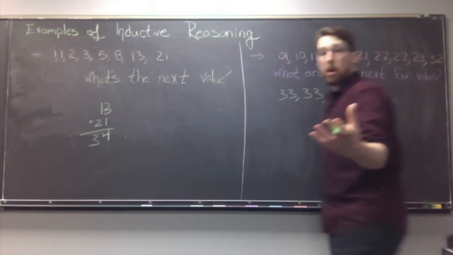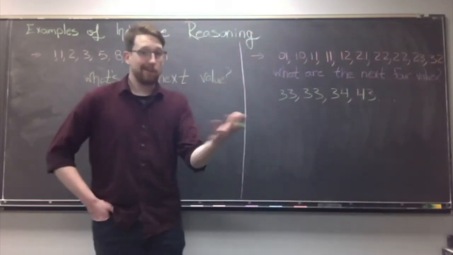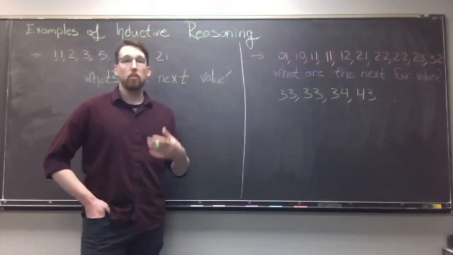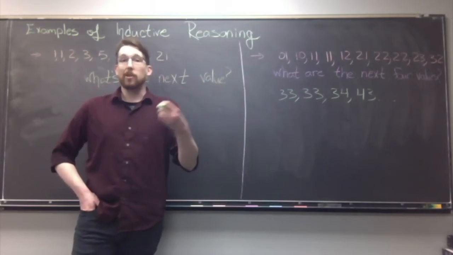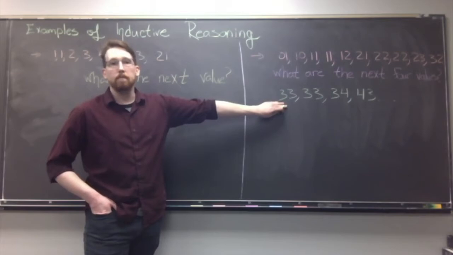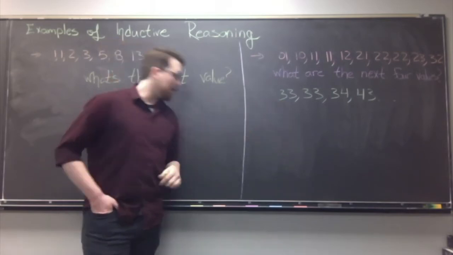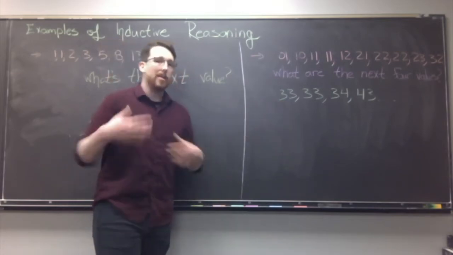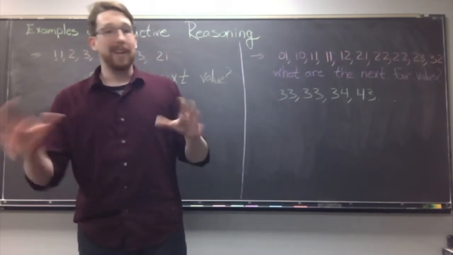So this is one reasonable inductive assumption, one reasonable inductive conjecture for what the next four values might be. Next, we're going to talk about deductive reasoning and what all goes into that and what it even means.